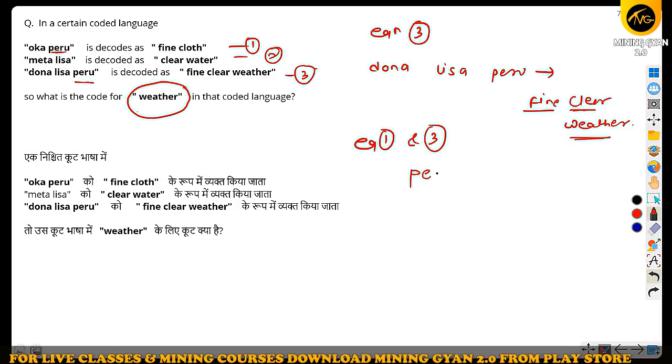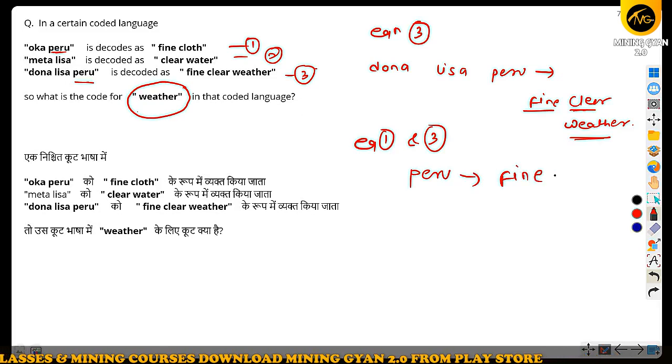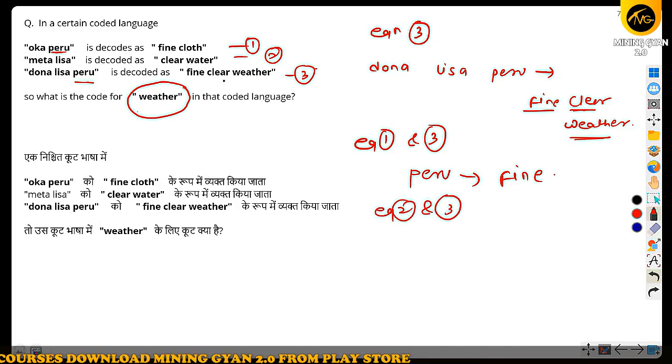So Peru is decoded for the word fine. Similarly you can use equation number 2 and equation number 3, and the word is clear, and the coded word is Lisa. So Lisa is used for the word clear.